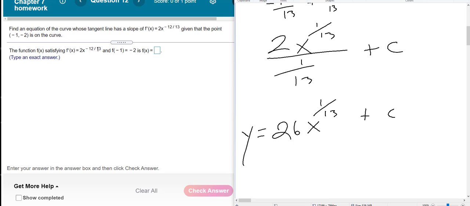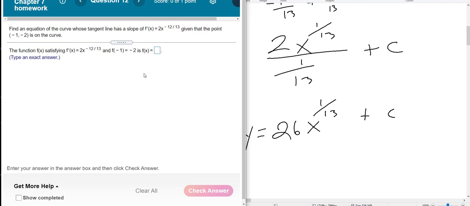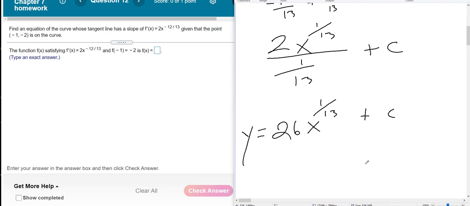Now they tell me (-1, -2), or f of -1 equals -2, is on the curve. So y is -2. I'm going to put a -2 there, and I'm going to put a -1 here.